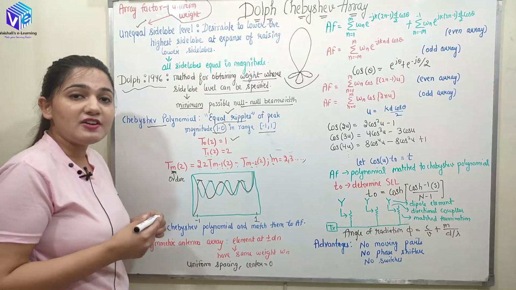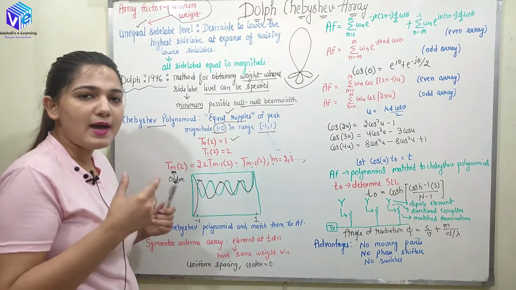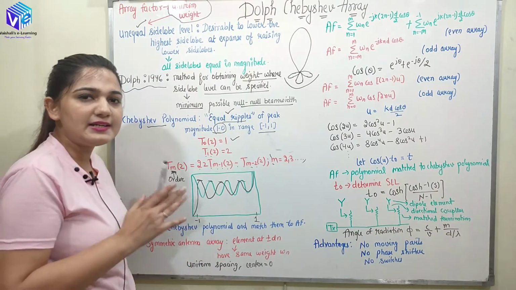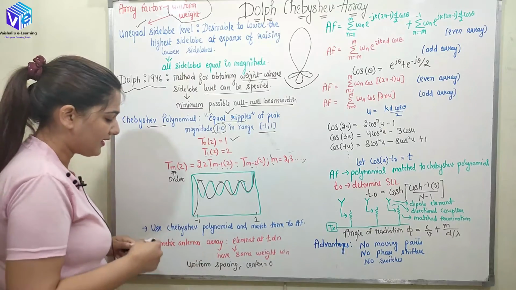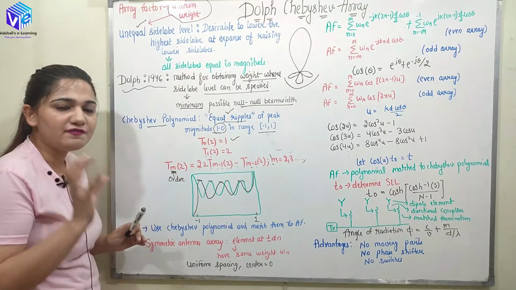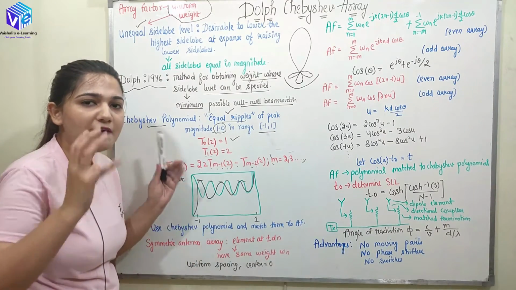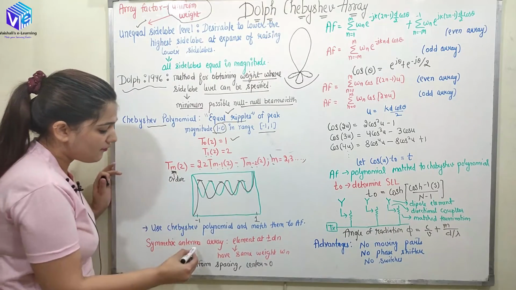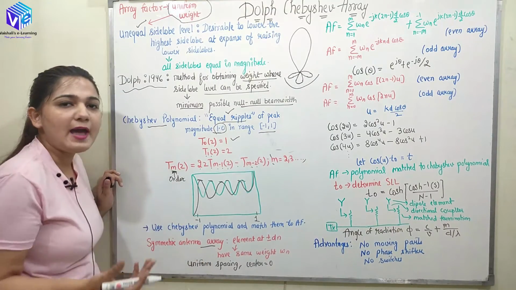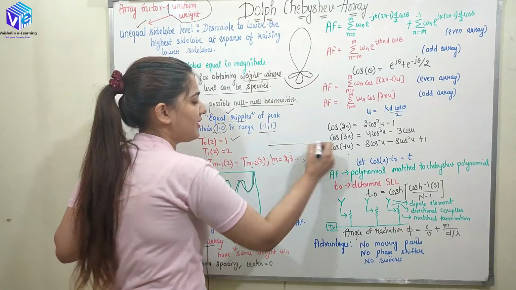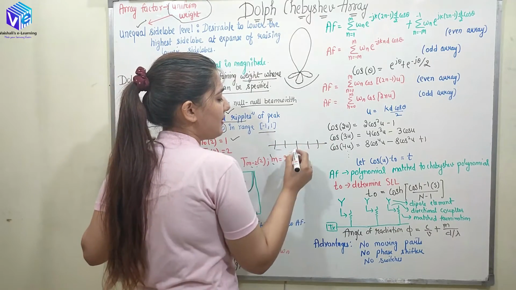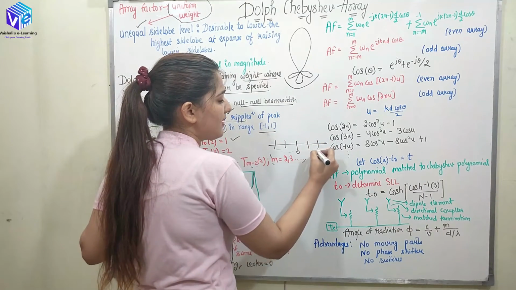The Chebyshev polynomial is used to match the array factor. We are going to see in detail the derivation to match the array factor as well, but let me first tell you what the condition is. We have symmetric elements, we have a symmetric array. What happens in the symmetric array? We have different elements. This is my 0.